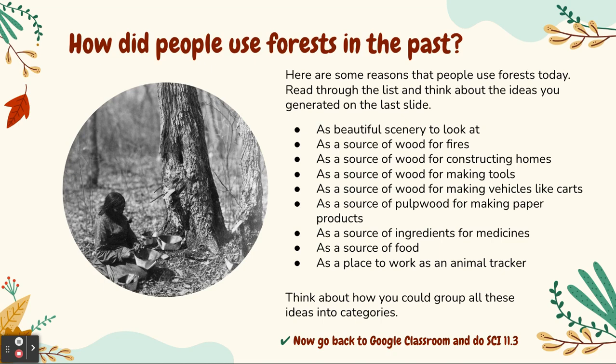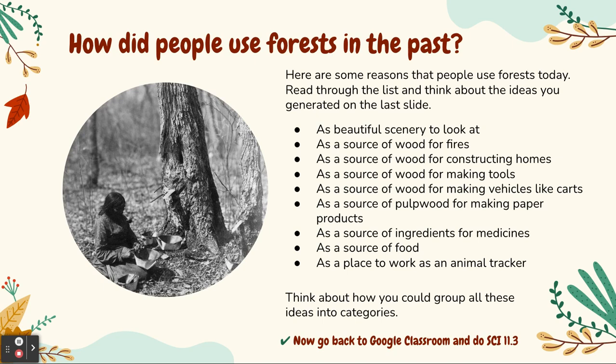So, in the past, people used forests as beautiful scenery to look at, as a source of wood for fires, as a source of wood for constructing homes or making tools, or making vehicles like carts or buggies, as a source of pulpwood for making paper products. That one is in the past and the present.